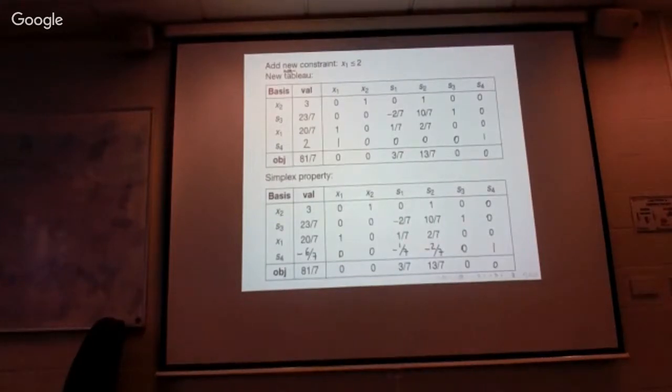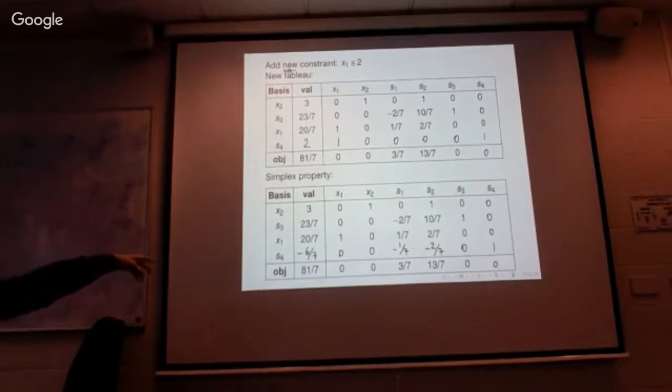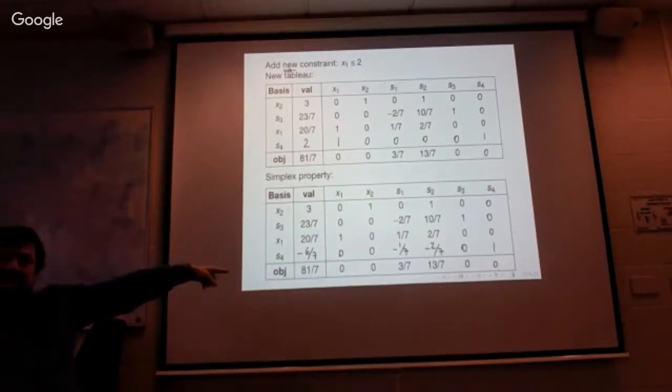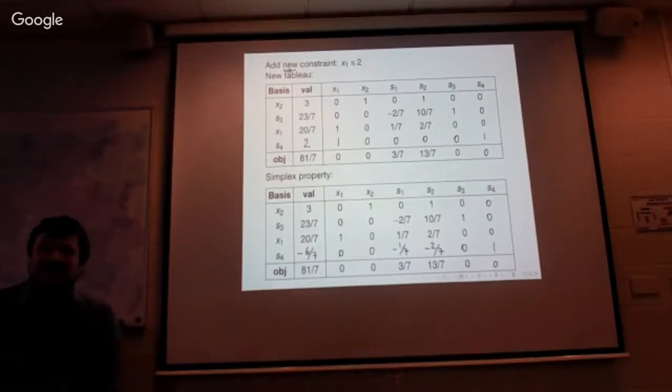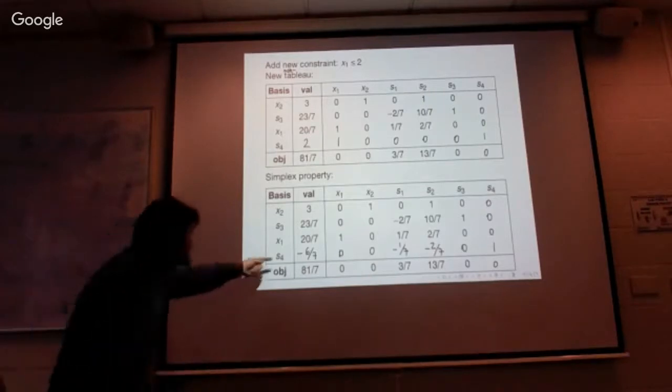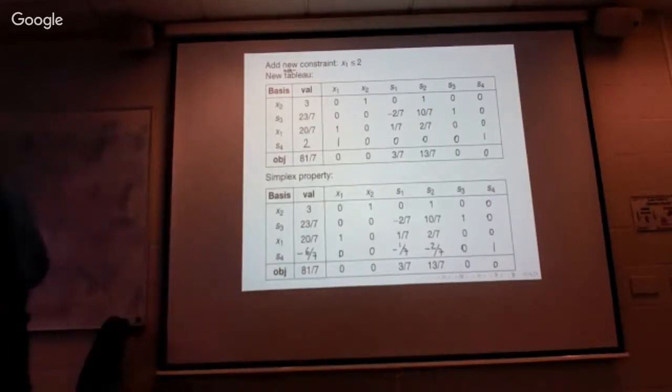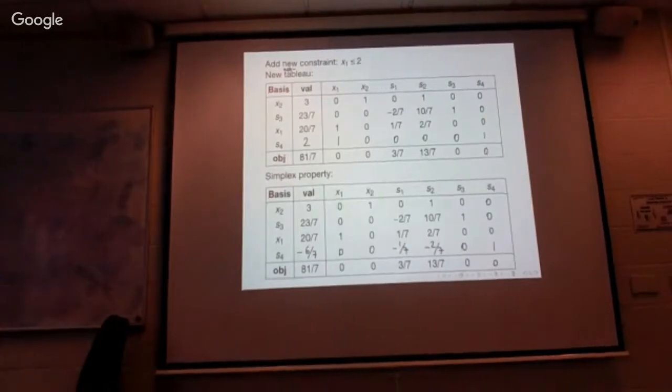Okay, what do you do with a tableau like this? You know that. Yeah, so you need to do a dual pivot somewhere because of this negative value. And when you do, apparently there's only one. You get this tableau.